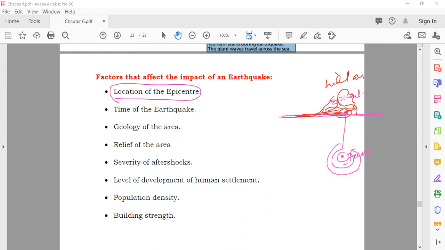But if above the focus, let's say here is the focus, this area is like a seaside, the land is already soft, and when the earthquake comes, it makes it even softer and the buildings will fall down. So the location of the epicenter decides how much loss the earthquake will make.